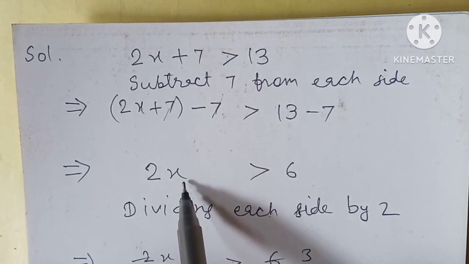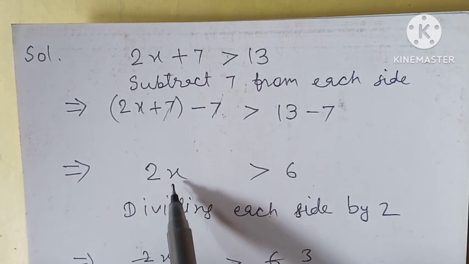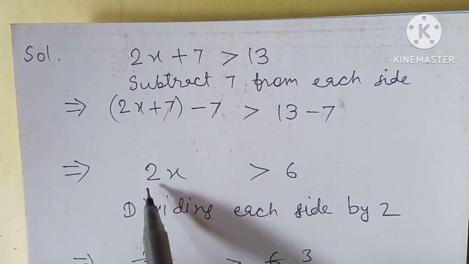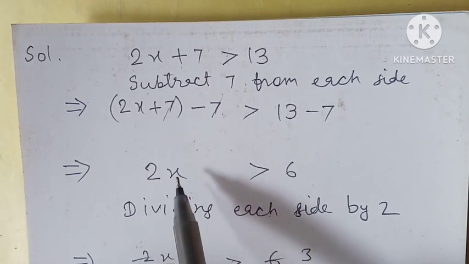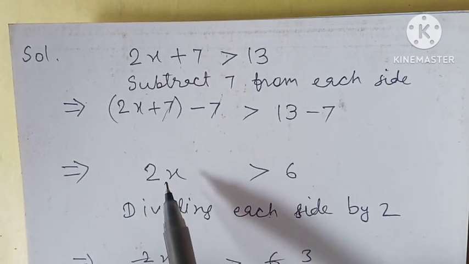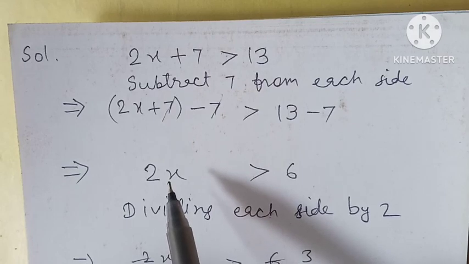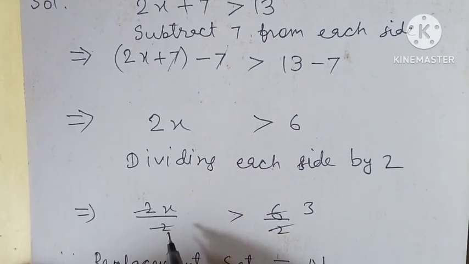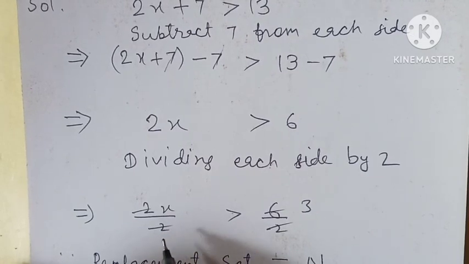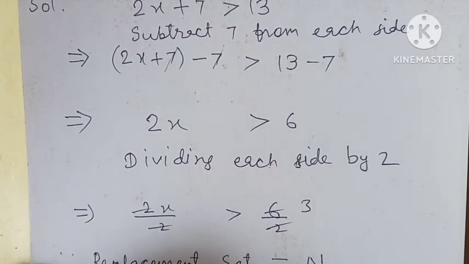Now we have to find the value of x. Here 2 is multiplied with x. We want to remove this 2. For that we have to divide both sides by 2. If there is multiplication, then for removing we should divide. So after division, 2 and 2 cancel, 6 by 2 is 3.